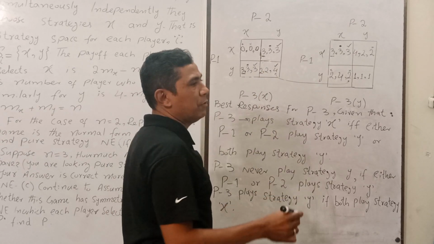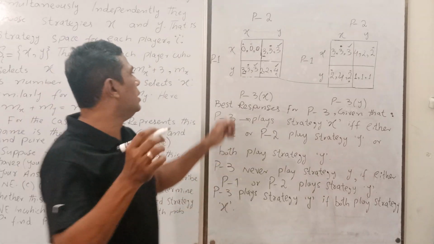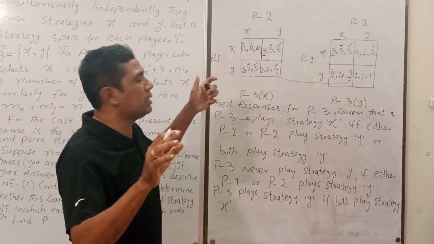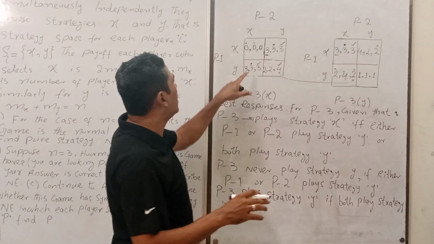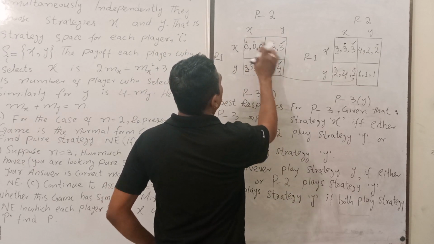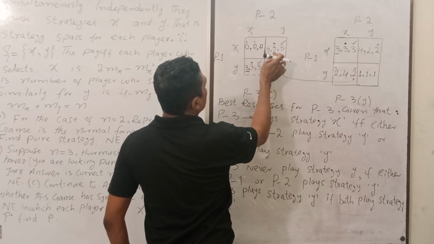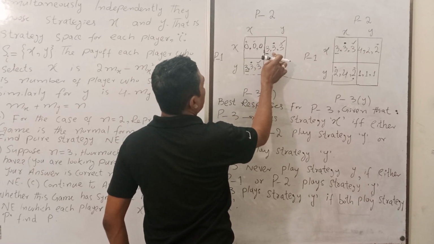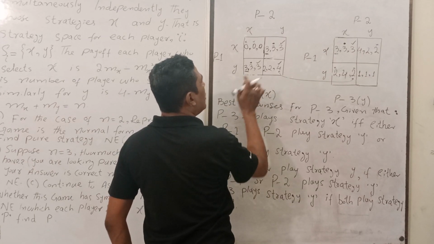So what is the definition? There is no incentive to deviate from this strategy. So P1 has no incentive to deviate from this strategy. Compare these values, and now compare these values with respect to strategy X for P2. This is the larger value, and compare this value with this one, it is the larger value.